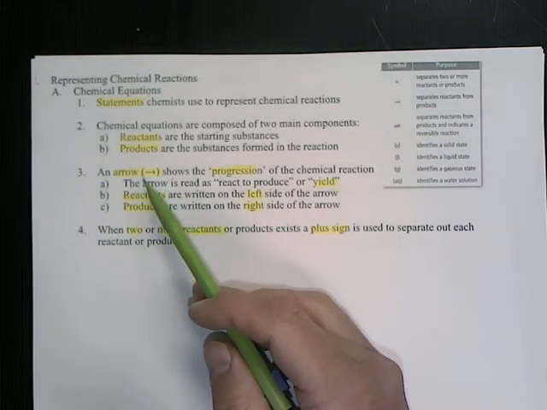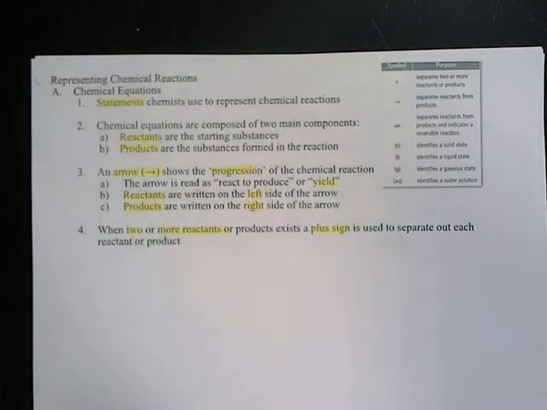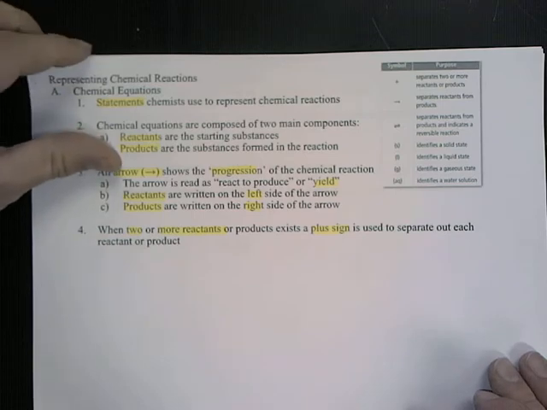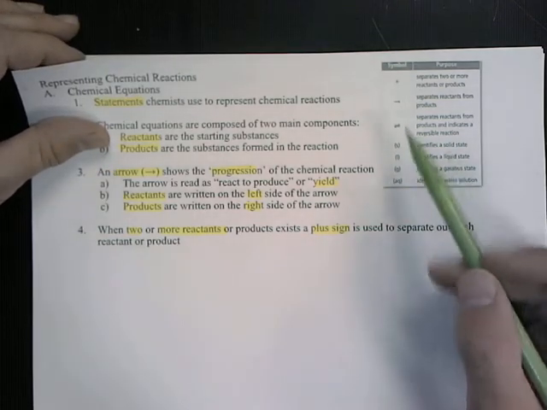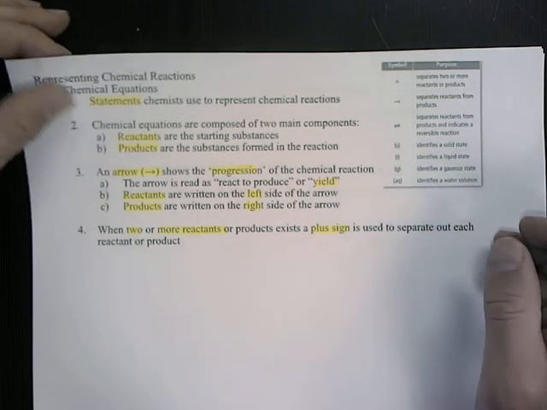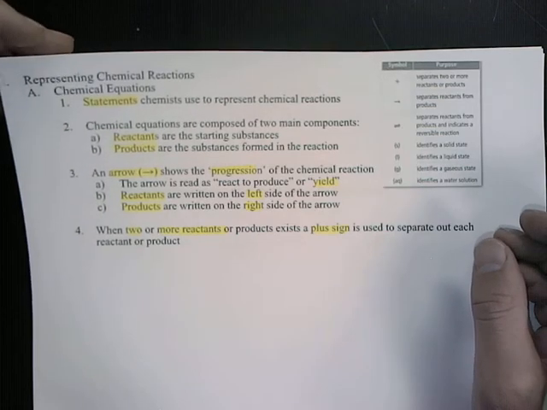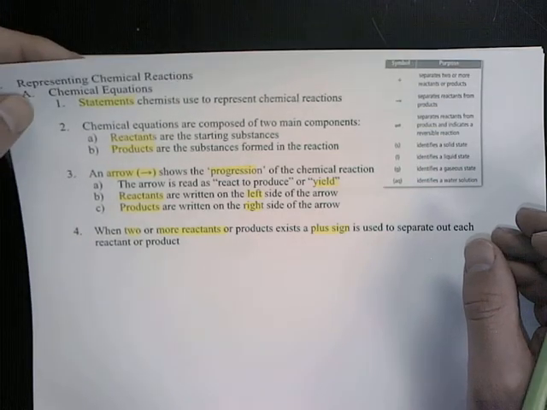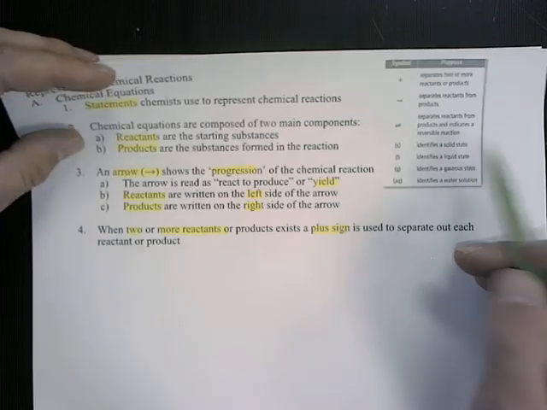The arrow is going to separate our left and right hand side, and on the left hand side of the arrow are going to be our reactants, and on the right hand side are going to be our products. Now, when we have two or more reactants or two or more products, we separate them out by a plus sign. This chart is very helpful in identifying what happens with our chemical equations.